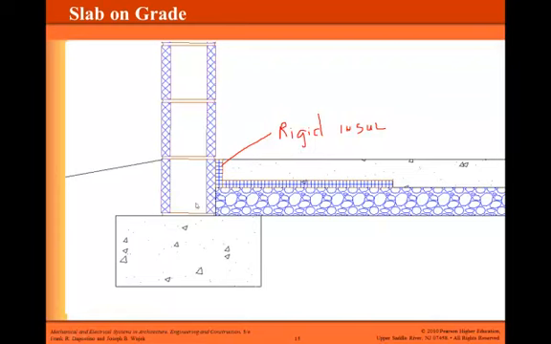So basically the heat goes like this, or the cold, and over here to the far right very little heat is transmitted out of the building. It's only around the perimeter, so they can run the slab insulation in either an L shape, a vertical shape, or an all horizontal shape. By and large you'll probably see a more all vertical shape, but it depends upon the condition of the construction.